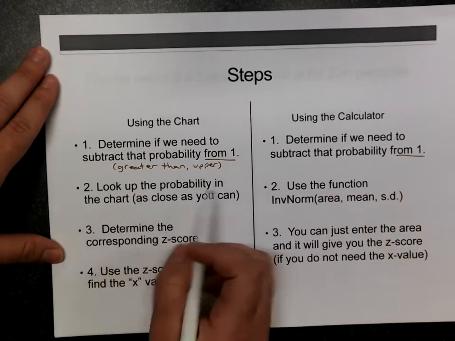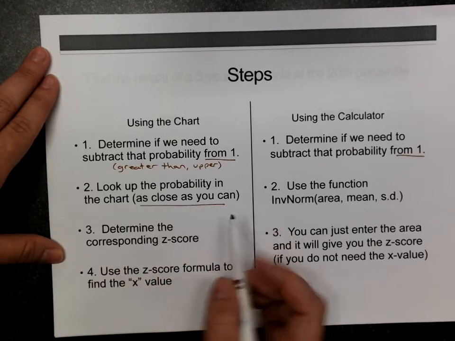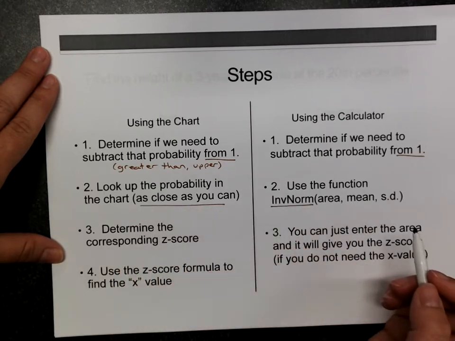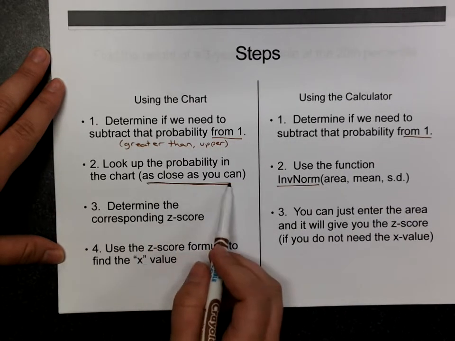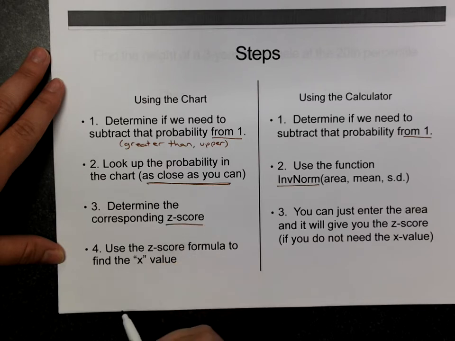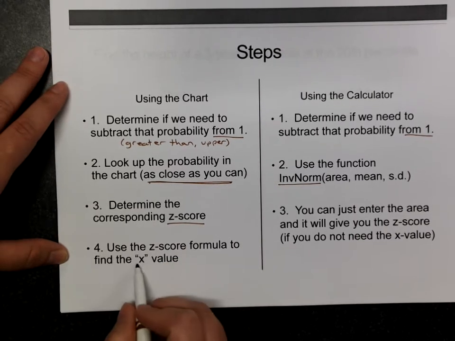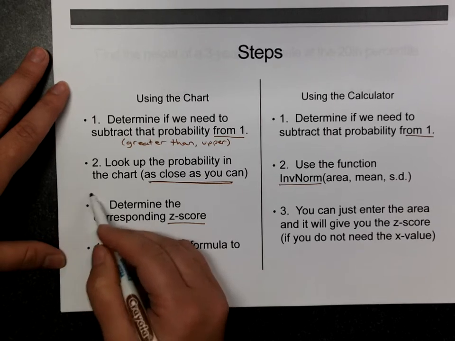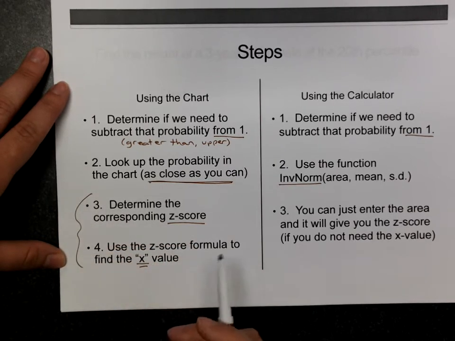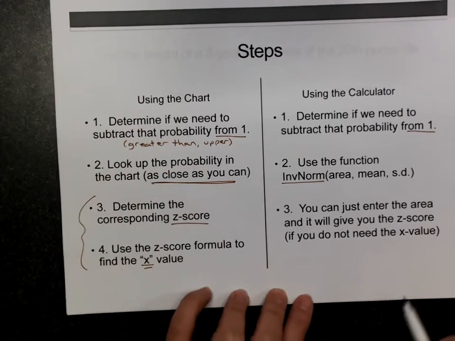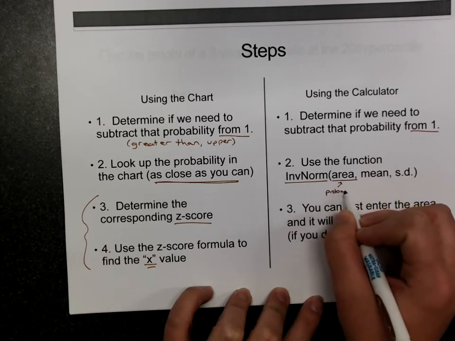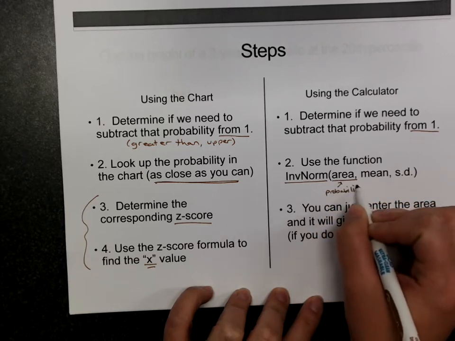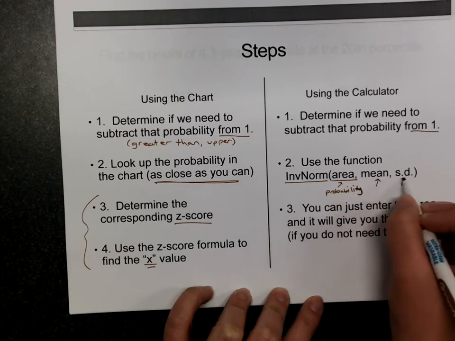Then you can look up the probability in the chart as close as you can, or you can use a function in the calculator called inverse normal. If you use the chart, you look as close as you can, and that will give you your z-score. Then you use the z-score formula to find the x value. So step 4 requires a little bit of algebra. If you use the function inverse normal, you enter the area, which is the probability, to the left, the mean, and the standard deviation.